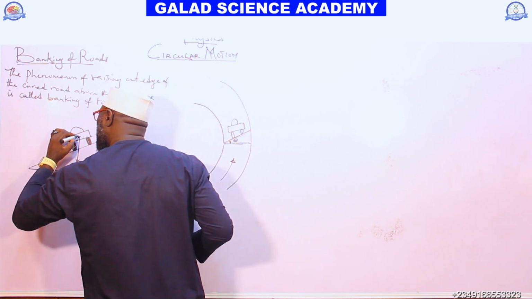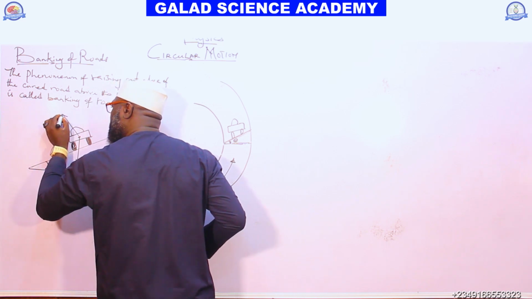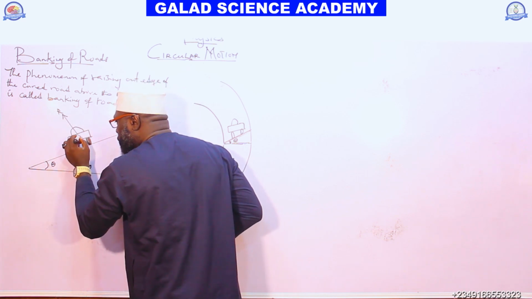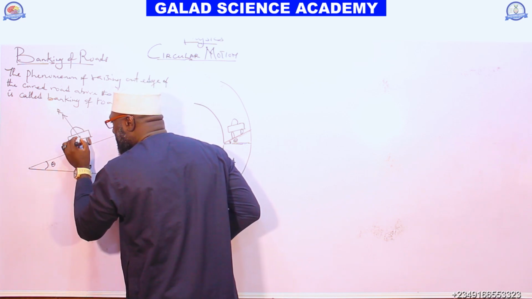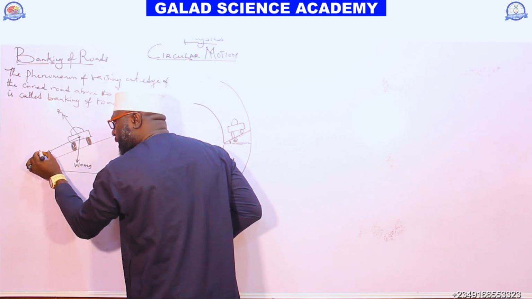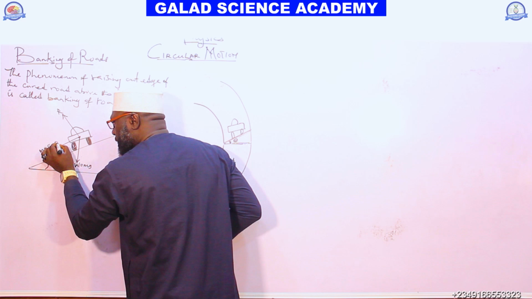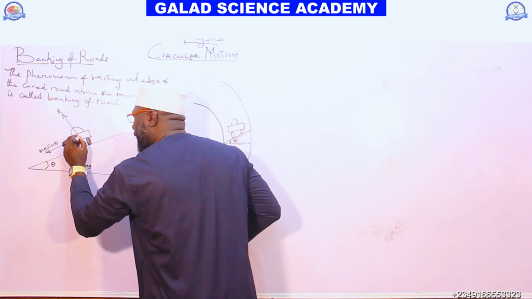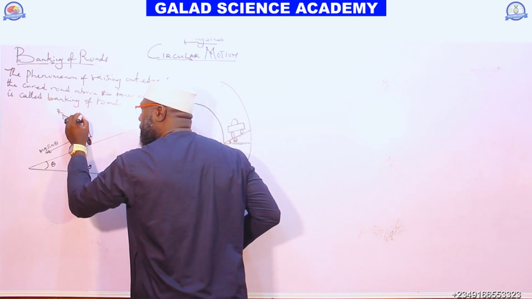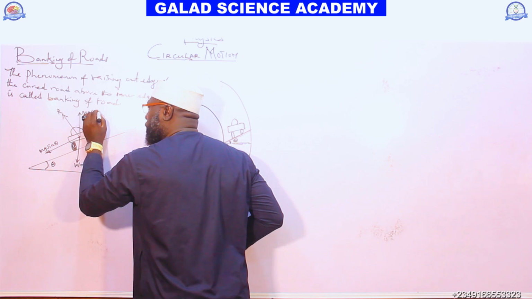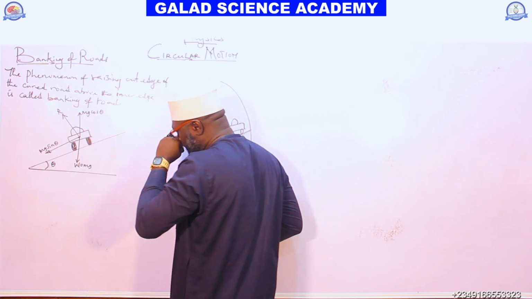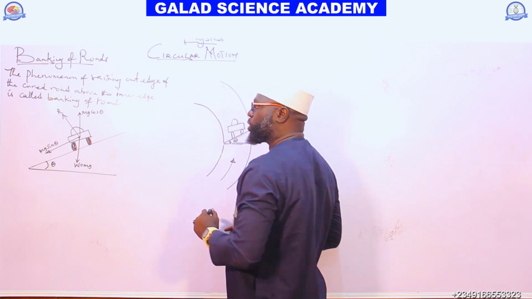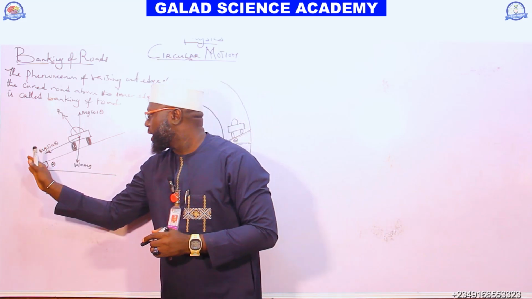And this is the normal reaction on the car, which is R. And if you resolve it, this component will be mg sine theta along the inclined plane, and here we have mg cos theta.